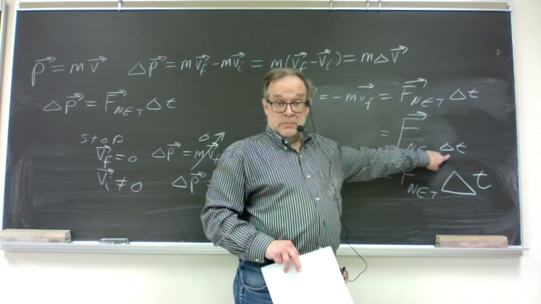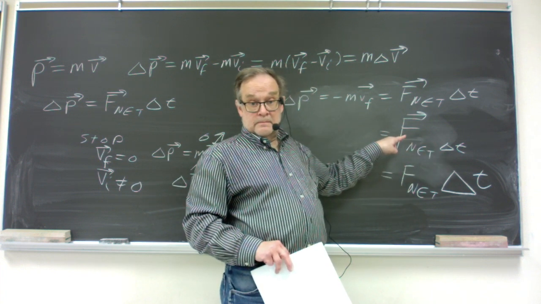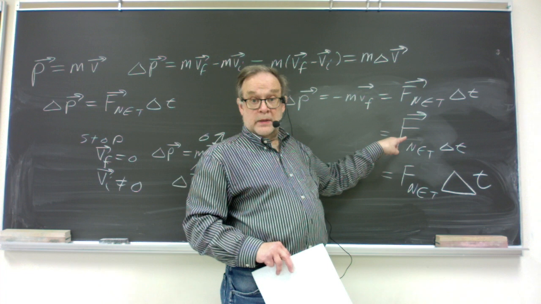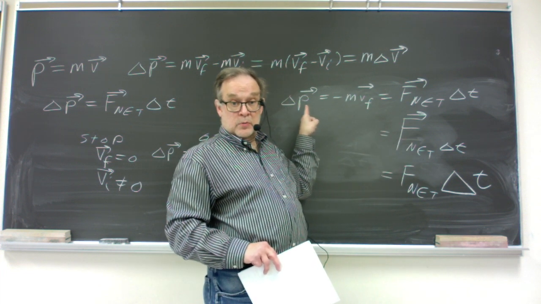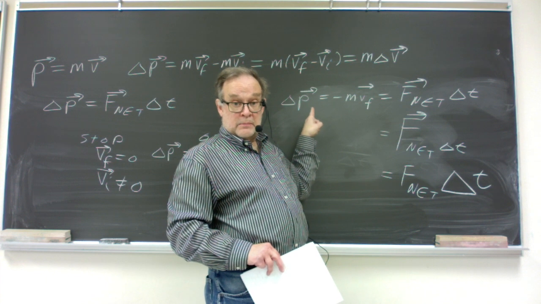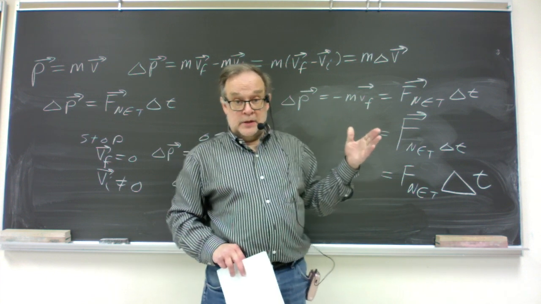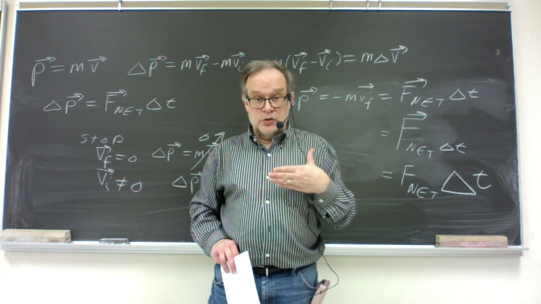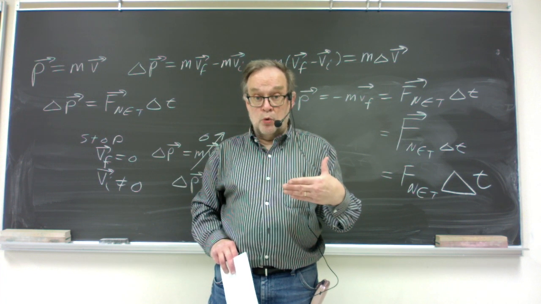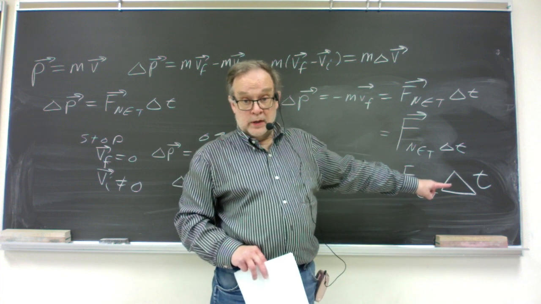So if the time is small, then the force will be larger in order to get the momentum change that you know is going to happen. An airbag, on the other hand, has a little bit of squishiness to it, not a lot, but just enough so that it brings you to a stop more slowly over a greater length of time.